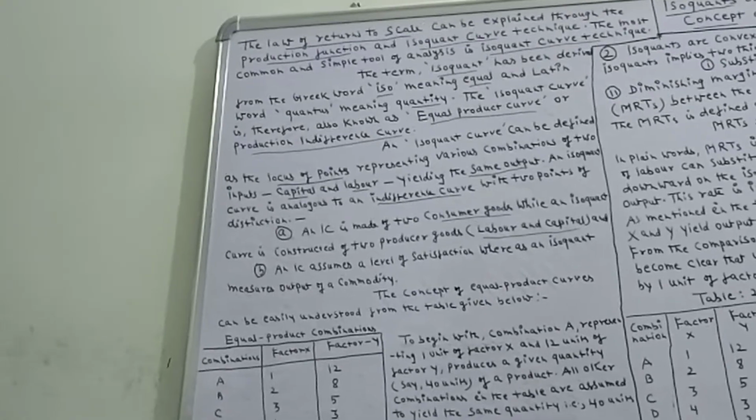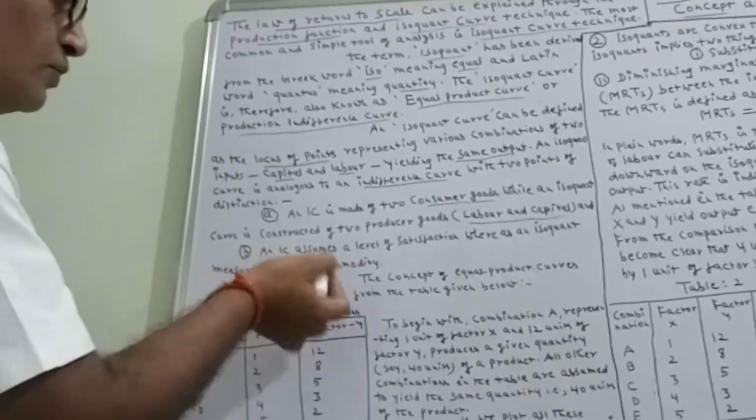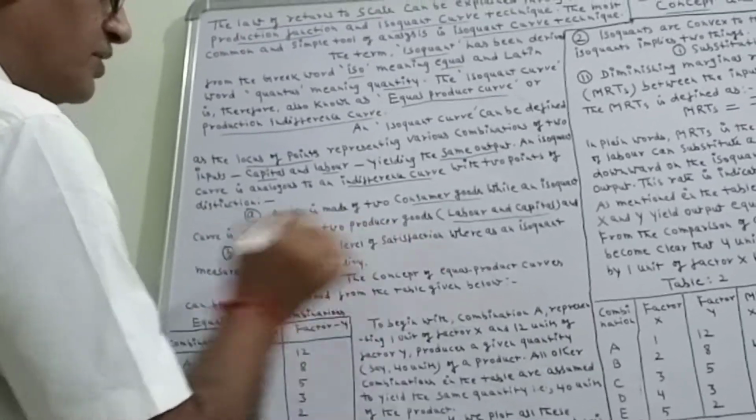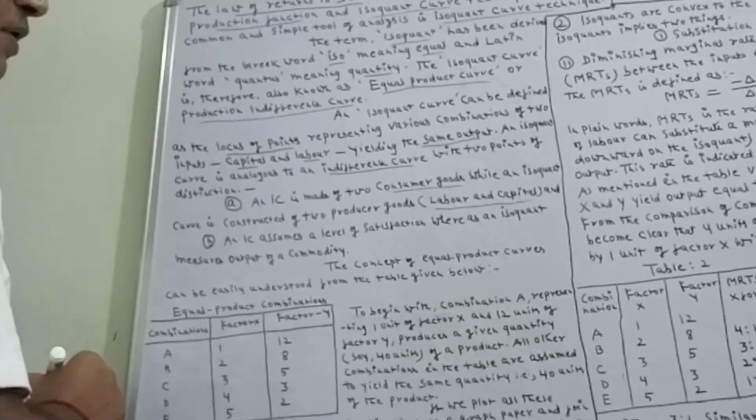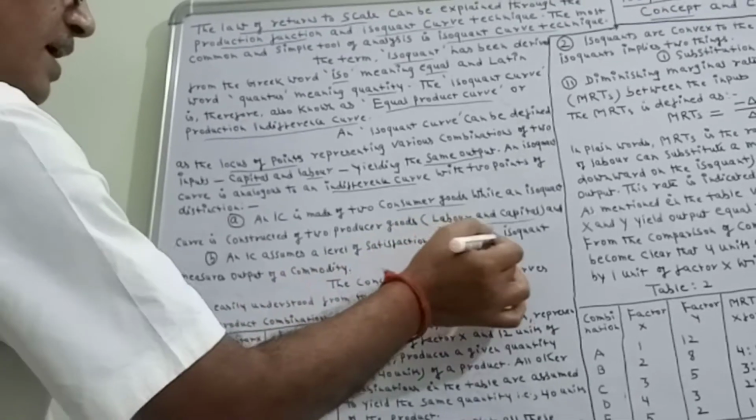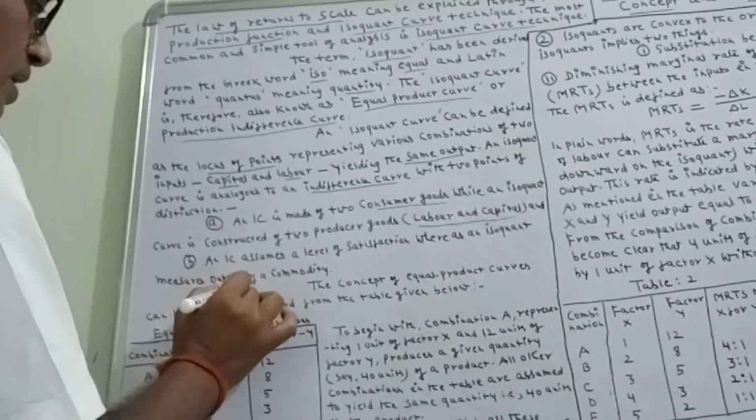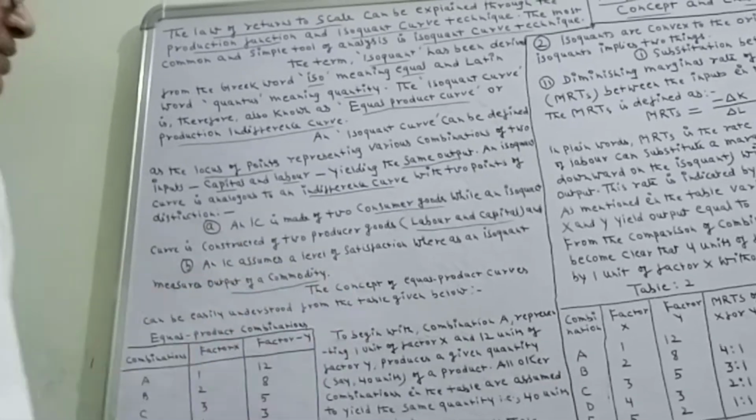And second, an indifference curve assumes a level of satisfaction for the consumer, whereas an isoquant measures output of a commodity.